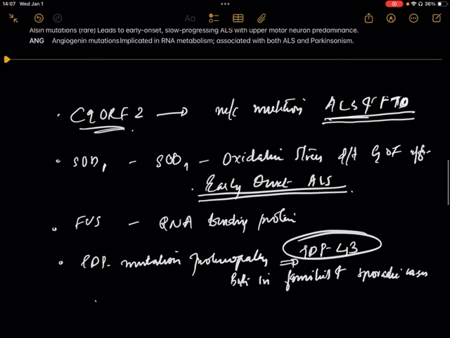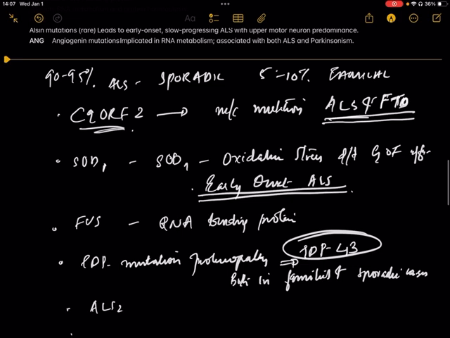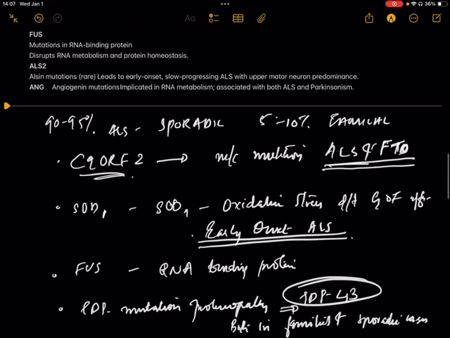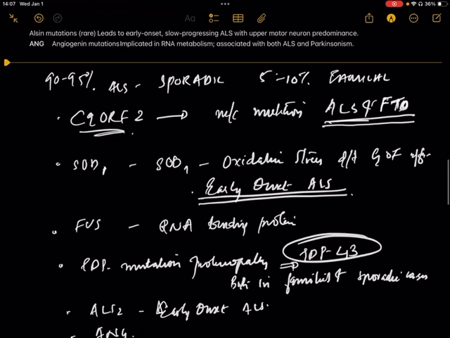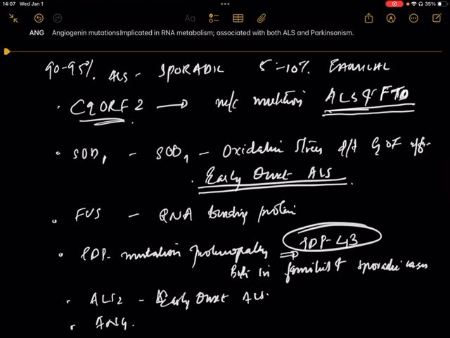Next is ALS2 and ANG. ALS2 is an alsin mutation. This also leads to early onset ALS, and ANG is an angiogenin mutation implicated in RNA metabolism. It's also associated with both ALS and Parkinson's.